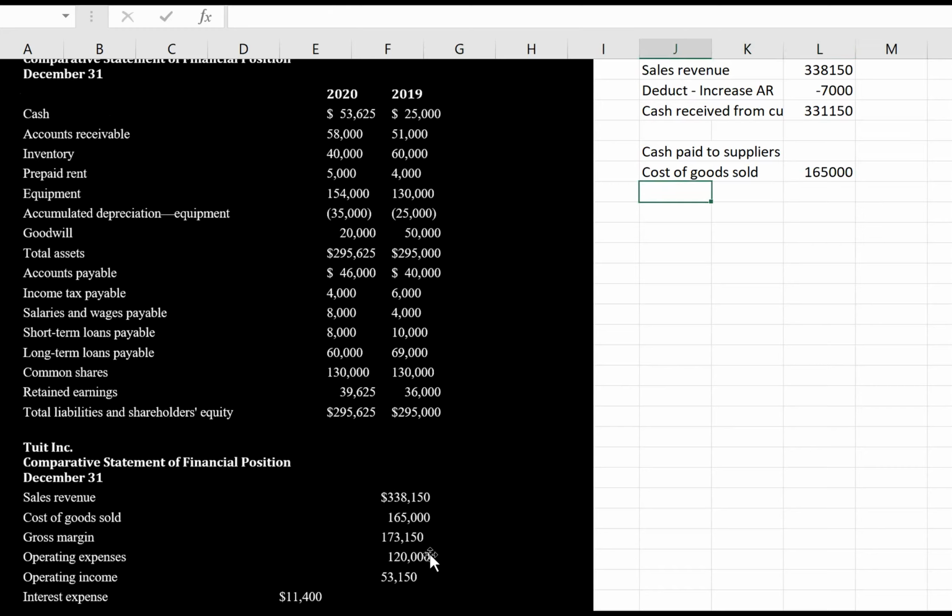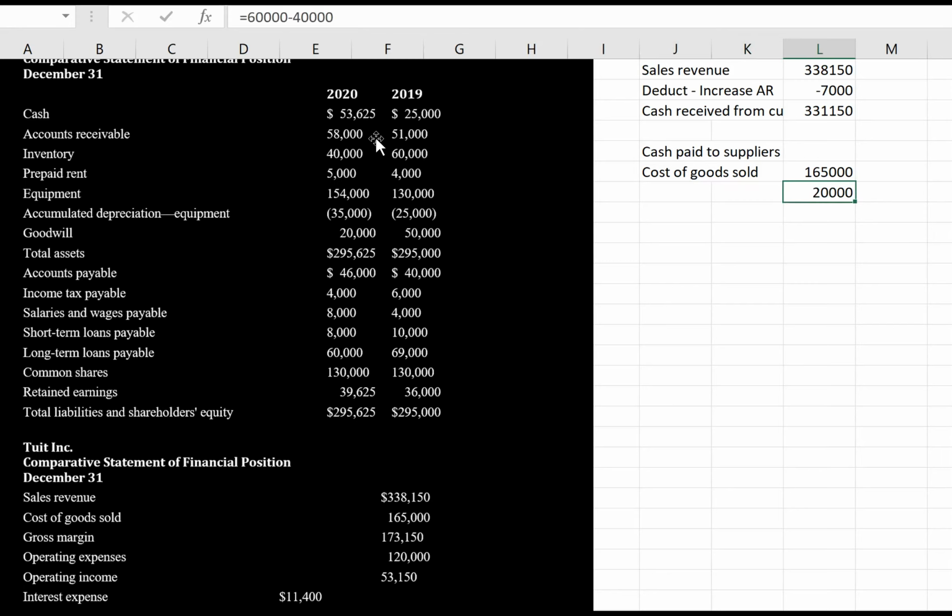And now that we have cost of goods sold, we know that we're going to have inventory. So what's going to happen to our inventory? Let's take a look. So inventory here, it was 60,000 and now it's 40,000. So it decreased by 20,000.